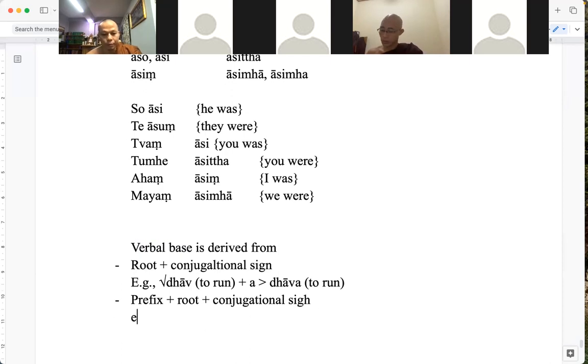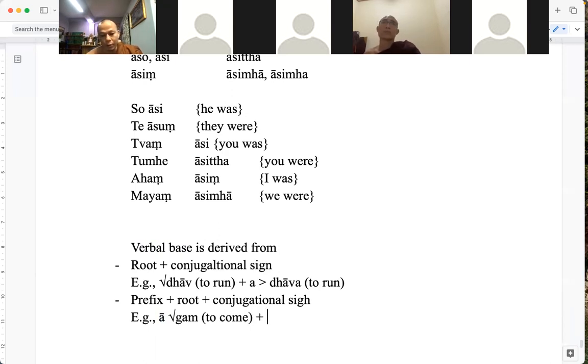For example, we already learned this one: prefix ā, root gam. The root gam means to go, but because of the prefix ā, the meaning is changed to come.